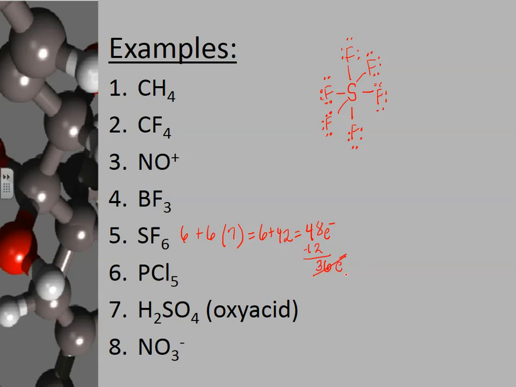And we have exactly enough to give the fluorines their octet. Sulfur has its expanded octet. This is the structure for sulfur hexafluoride.